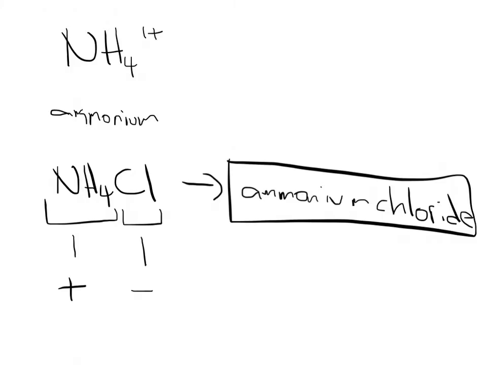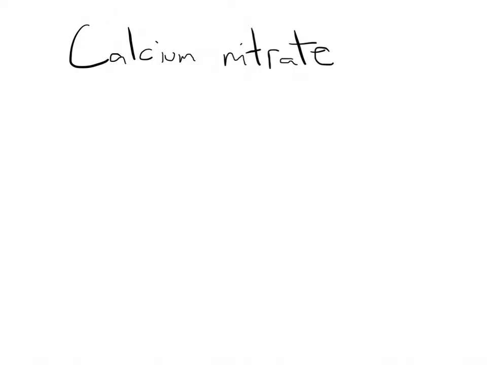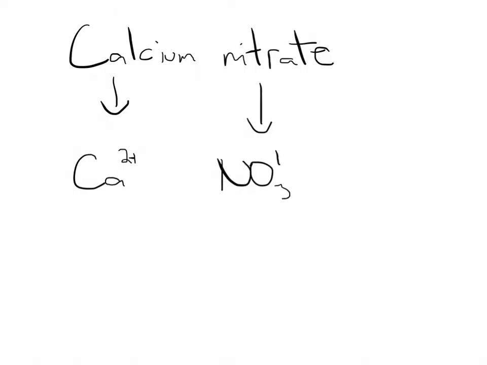Okay, and one last thing to introduce this idea, when you're going from name to formula. So let's say, for example, that we had calcium nitrate. So you're going to write the cation out. So calcium, Ca, with the charge. The nitrate, you can look at your chart and you can get that anion, and it's an NO3 1 minus.